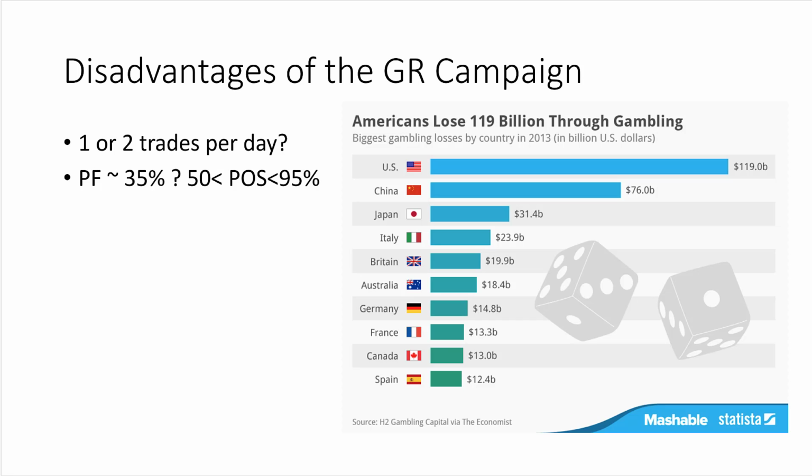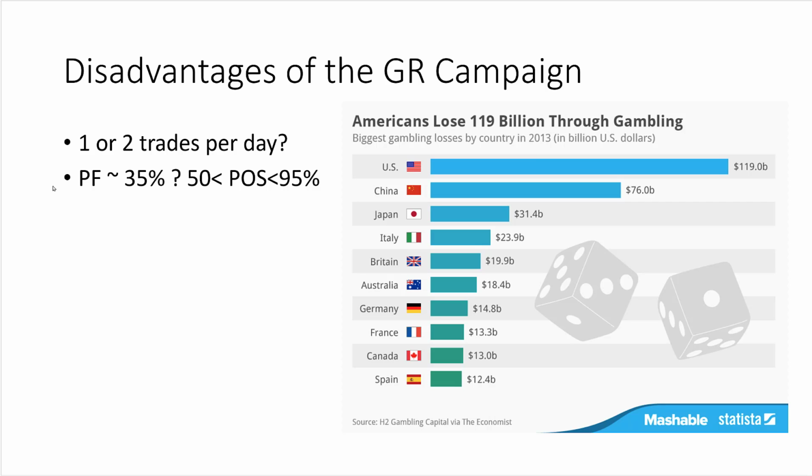Is there any disadvantages of this campaign? Well, I guess one of the disadvantages so far, we're like 7 for 7, so it's never lost. That could be a disadvantage. Another disadvantage is that it only trades once a day, and some people could look at that as an advantage because maybe they're busy, and some people might think that's really not enough, right?